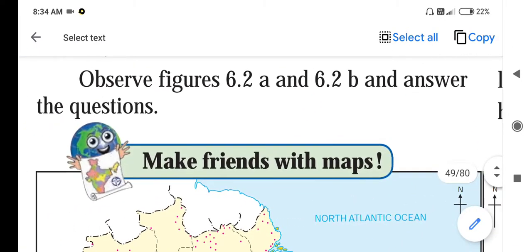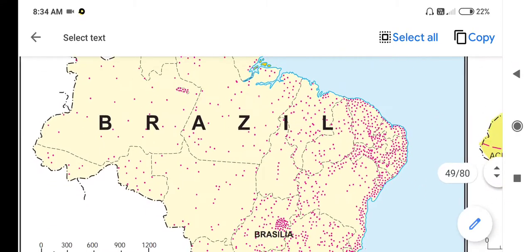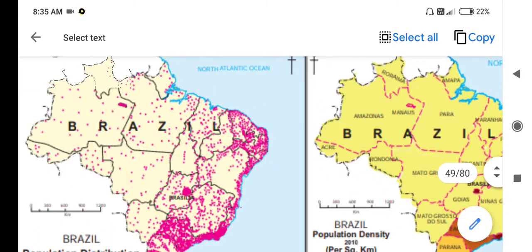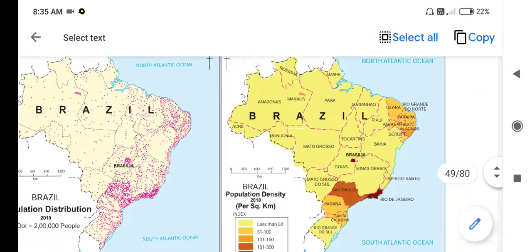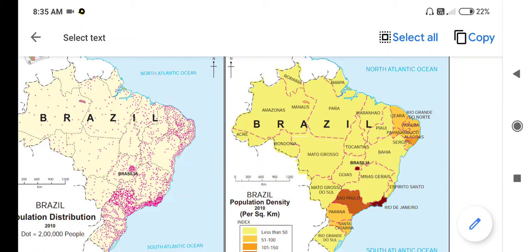Now observe figures 6.2a and 6.2b and answer the questions. So here Brazil's map is given. I hope you understood India's population map. Here Brazil's map is also shown by the dot method and color method.